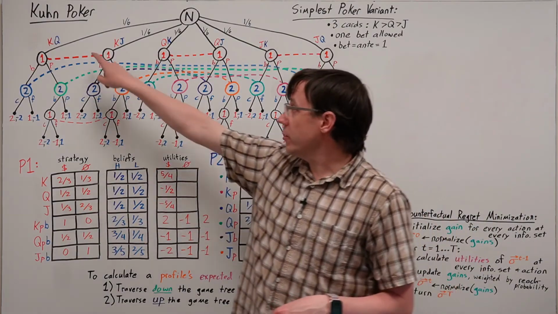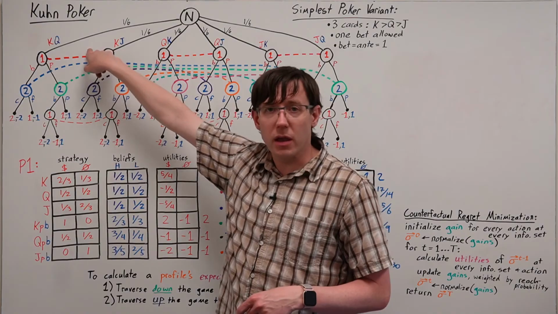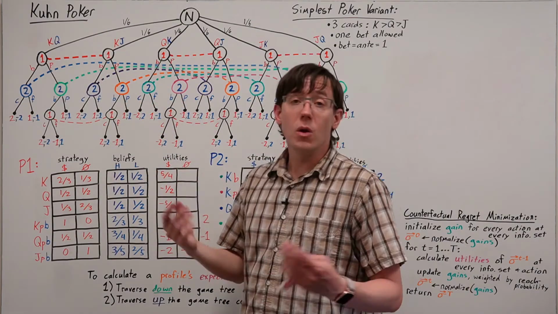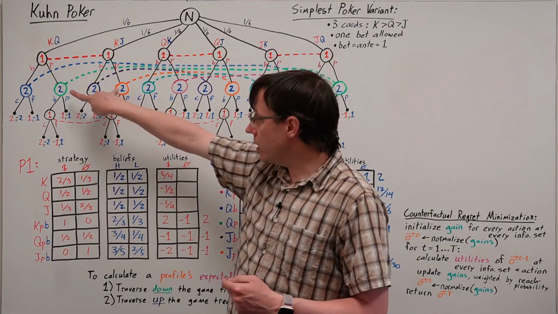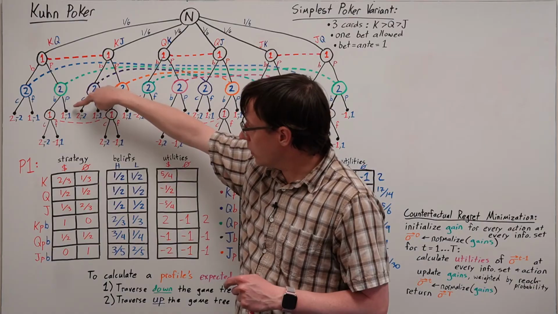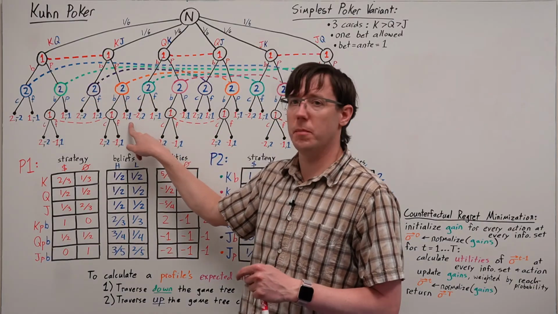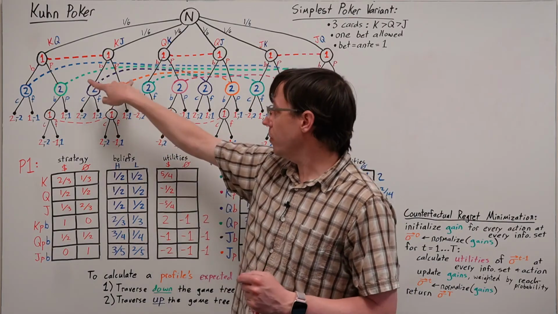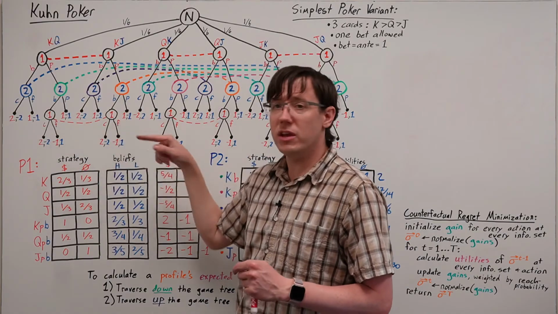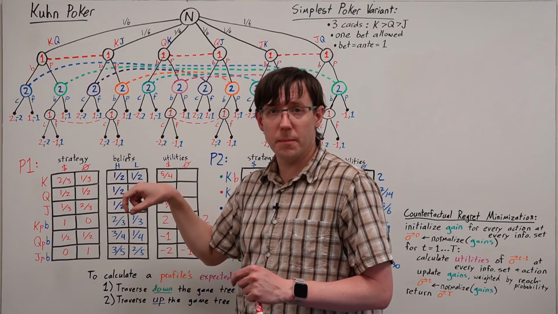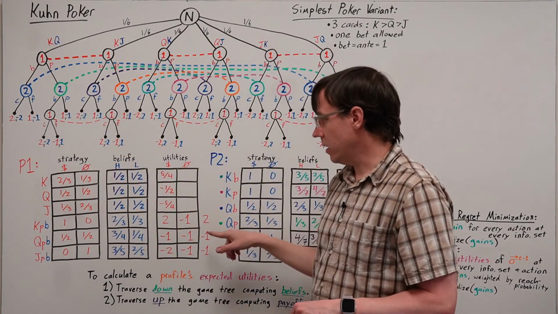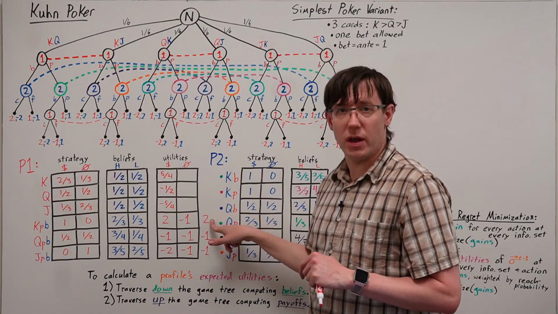Now, for the information set where player 1 has a king, if they are considering a pass action, we could arrive at one of two information sets for player 2. And if player 2 passes, we could end up at this outcome or this outcome. Or if player 1 plays bet, then we end up at this information set for player 1, and we've already computed player 1's expected utility when they arrive at that information set.